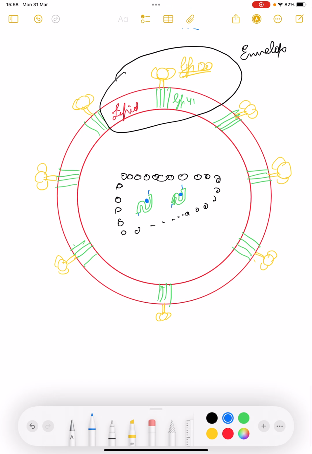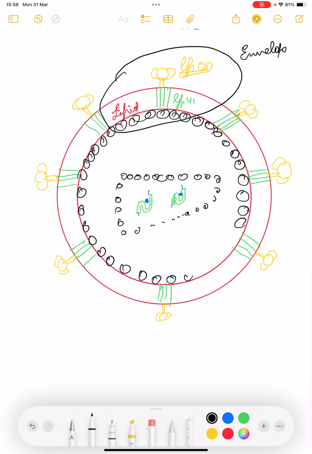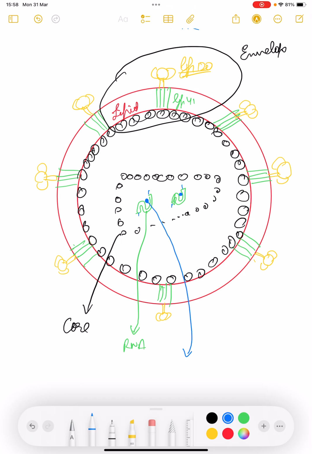What we missed here was drawing the matrix beneath the lipid layer. Just completing that. Now labeling the nucleic acid. This is the core. These are the RNA, and this is the viral enzymes.